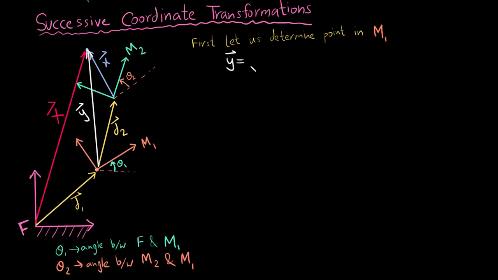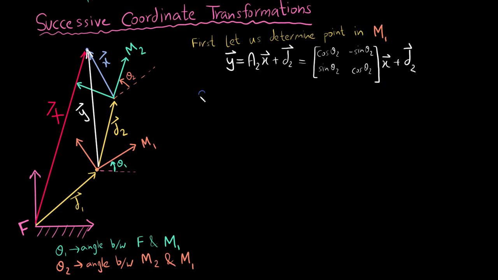In order to find y, I again use the same formula, A2x plus d2. Notice that I have used A2 since the angle is now theta 2, which is the angle between m1 and m2. So now I know the vector y, which is the point defined in the m1 frame. Now I just need to take this point defined in the m1 frame and define it with respect to the fixed frame.